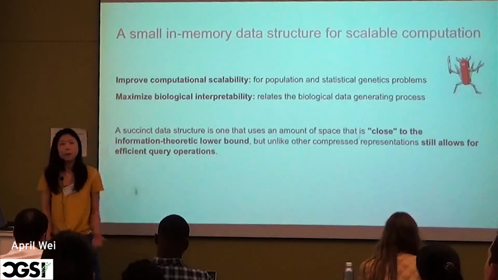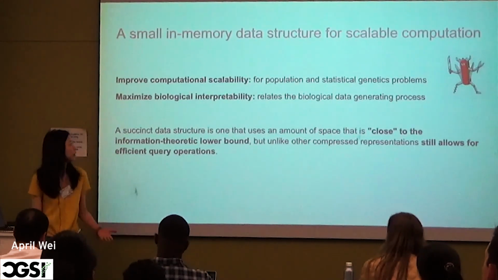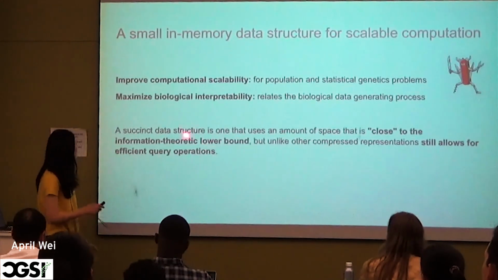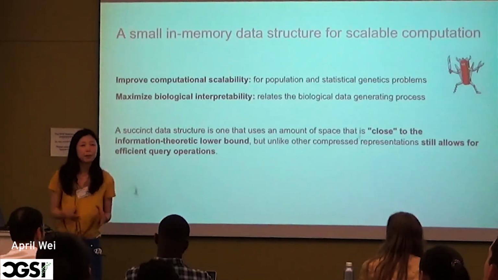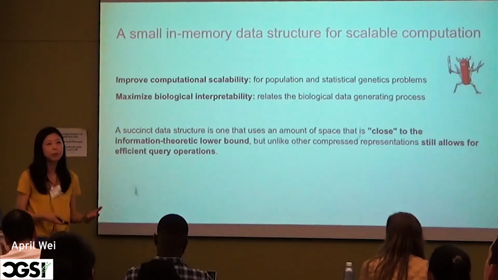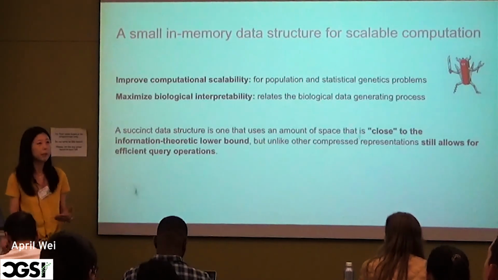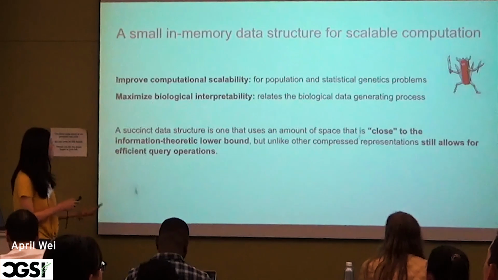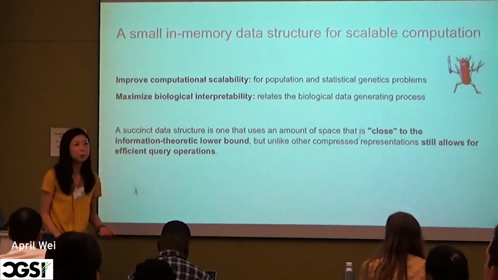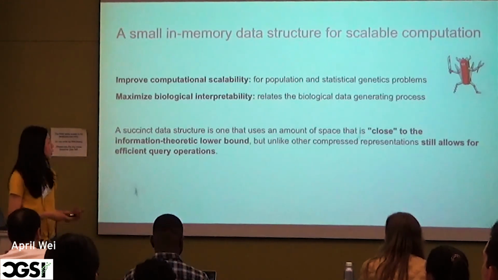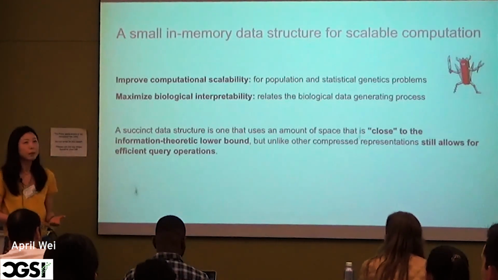So ideally, we're hoping to get a different representation that could improve computational scalability, be symmetric in terms of how we handle samples and how we handle variants, and also maximize biological interpretability. We want this new data structure to still reflect the biological data generating process.